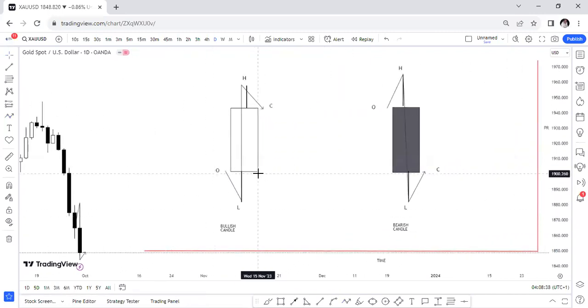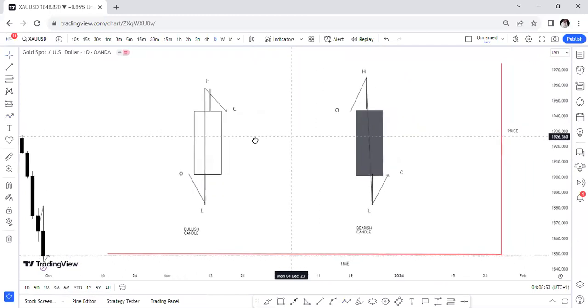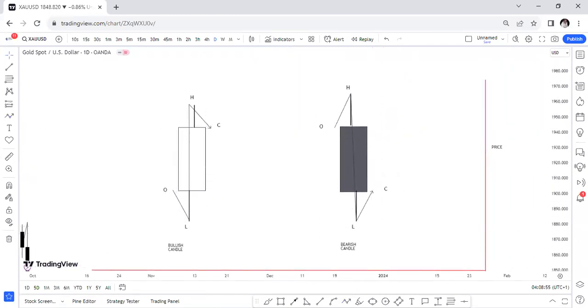So for the high to be created, it must first create the low. For the low to be created, it must first go and make up the high. So that is how the market trends.